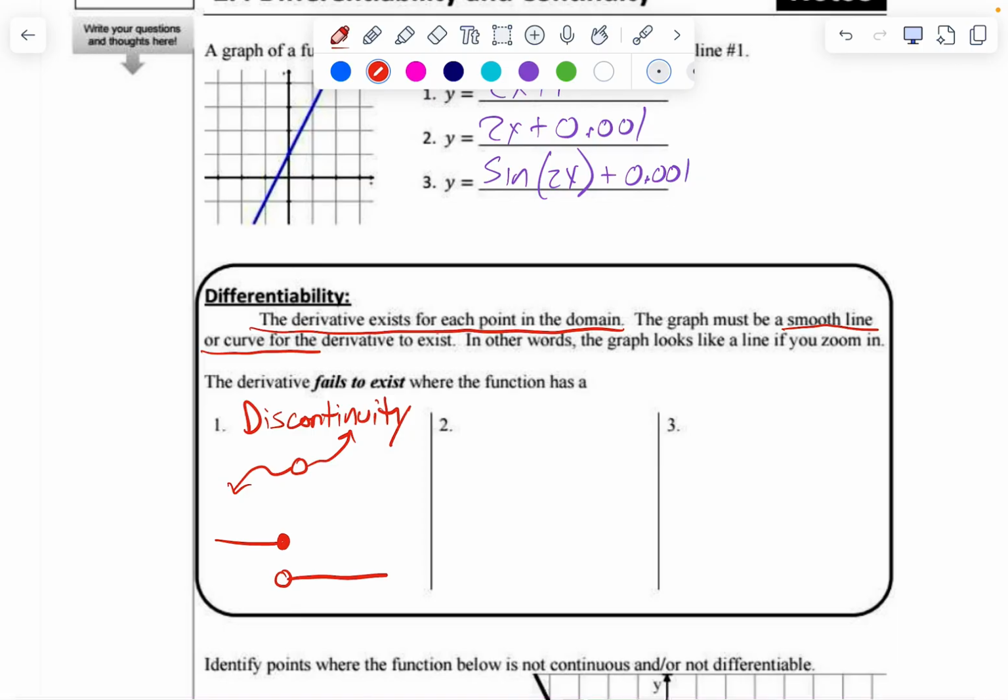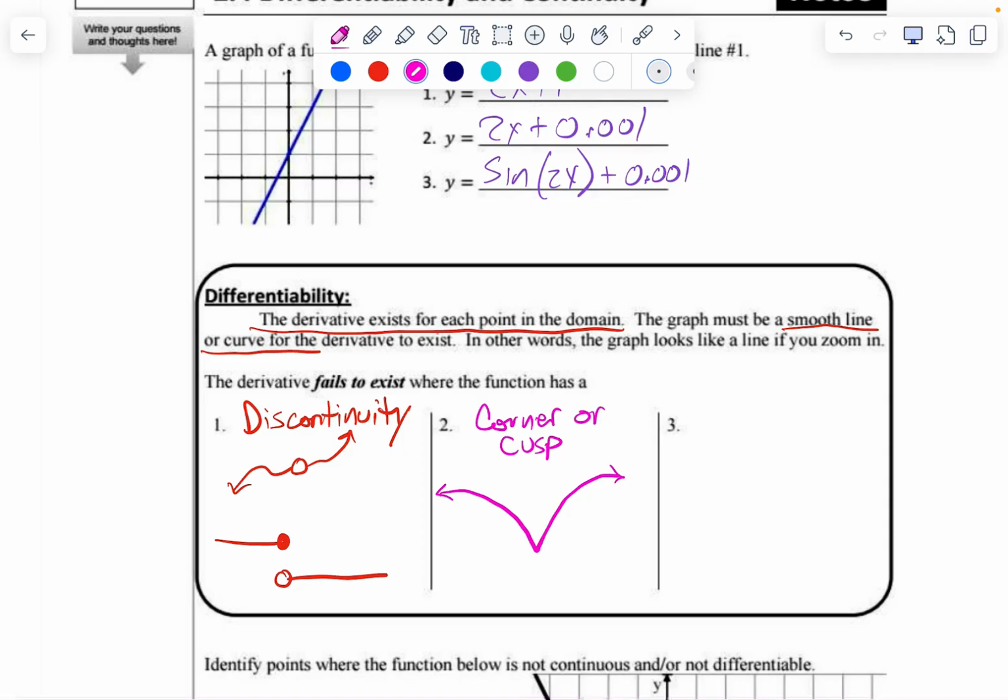Okay, this one is new. I mentioned it the other day. If you have a corner or cusp, not super technical words, but let's say we have something that looks like this. That point right there is called a cusp, and it is not differentiable.